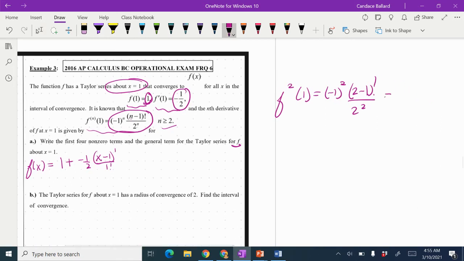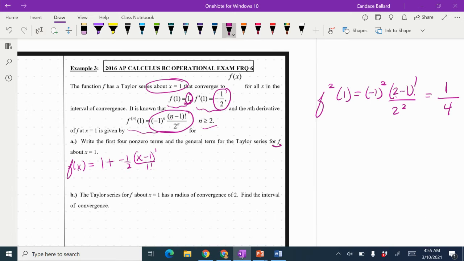So let's simplify that. This is just going to be positive 1. 2 minus 1 would be 1. Factorial would just be 1. And so it would be 1/4. So I would have plus 1/4 x minus 1 squared over 2 factorial.